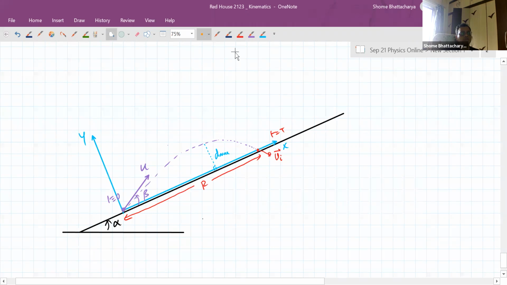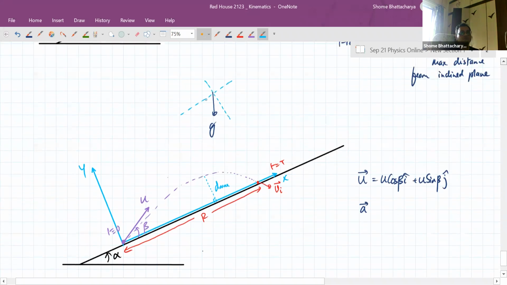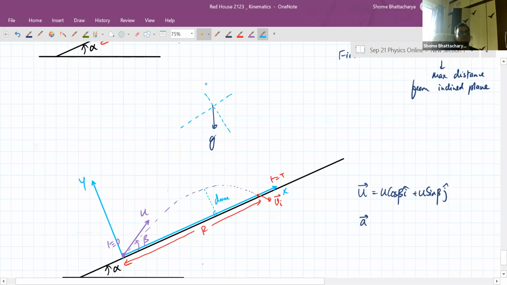So now when we do this, not only do we have to be careful about resolving the initial velocity, it's going to be u cos beta i cap plus u sin beta j cap, but also resolving the acceleration. The acceleration is still g, which is acceleration due to gravity vertically downwards. But now you can see that this is our system of axes, so we'll have to resolve it just like you do in Newton's laws free body diagrams for inclined surface problems.